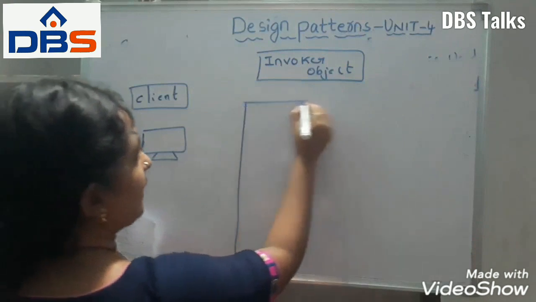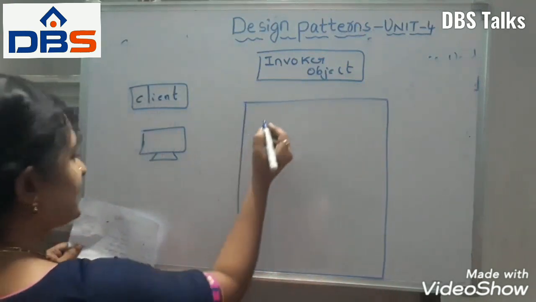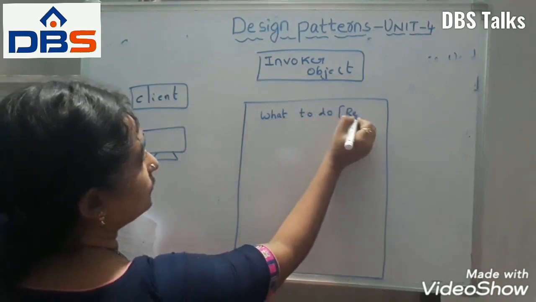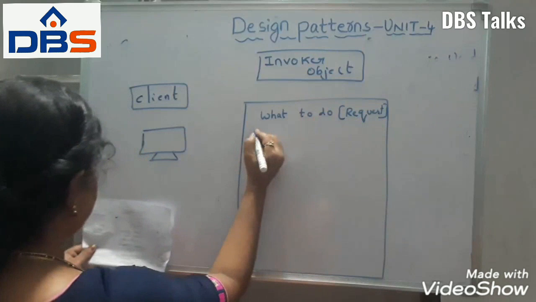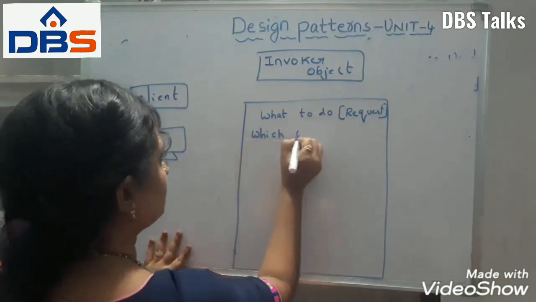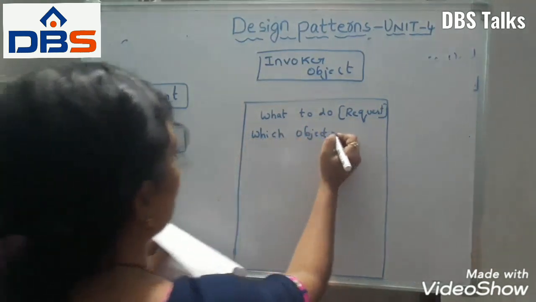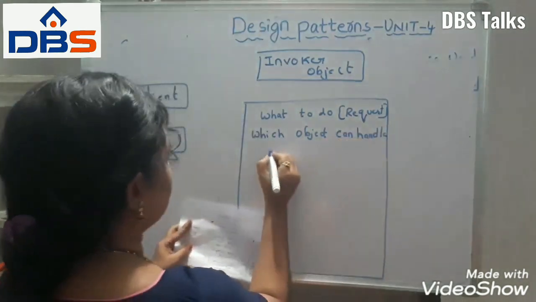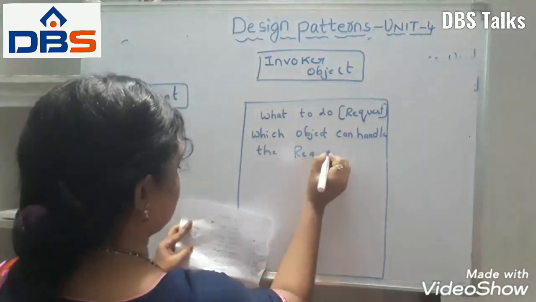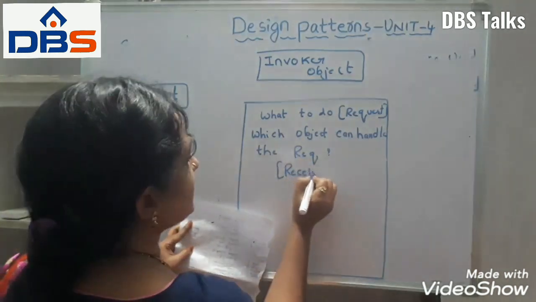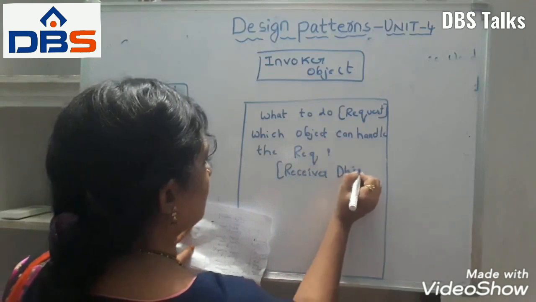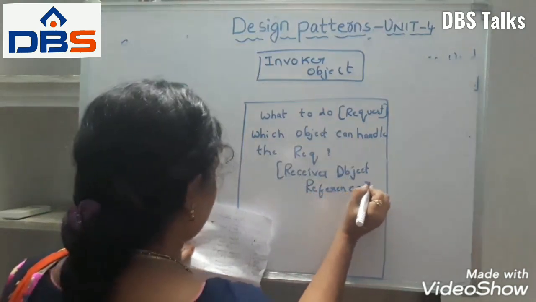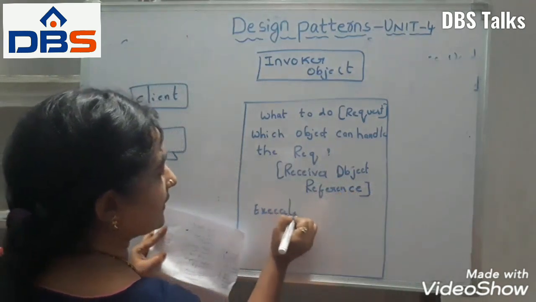In this invoker object I have the request, what to do, which object can handle the request, the receiver object reference, and the execute call.